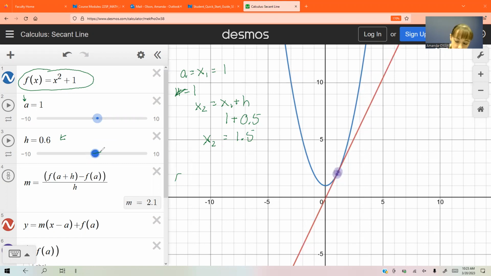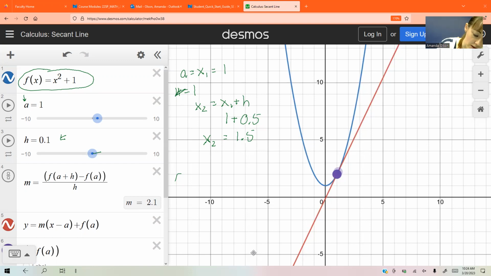If you look at my h values, the larger they are, of course, the less our secant line resembles the curve. The closer it gets, the more it resembles that tangent line to the curve. And again, we can't talk about h being 0, because if h is 0, that's the difference of our x values, and the slope of your line will have a denominator of 0, and we can't divide by 0, that's undefined.